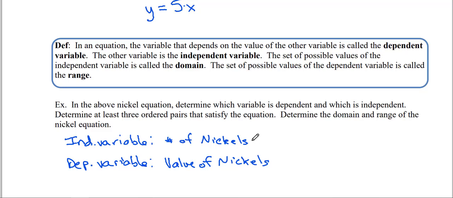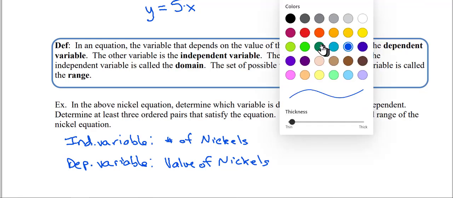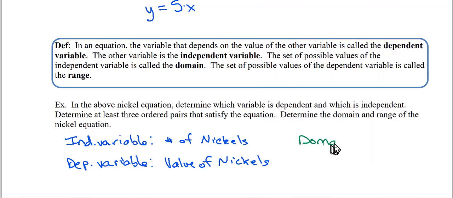Which one depends on which? When we're talking about these, we want to talk also about the domain and the range. It asks us also to find the domain and range. Domain is the possible values of the independent variable. So that corresponds to the number of nickels. We talked about this a little bit. You can't have a negative number of nickels. You can't have half a nickel.